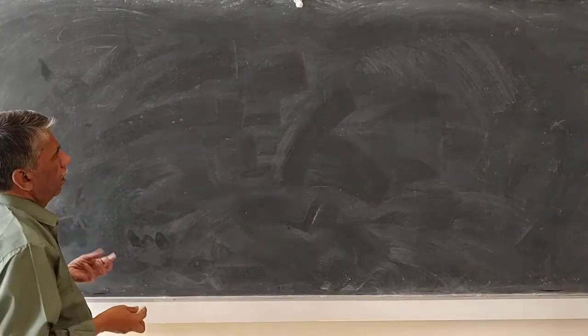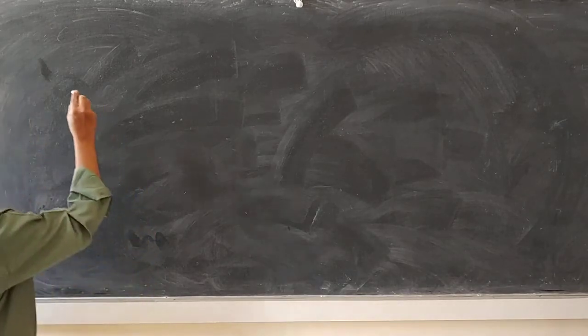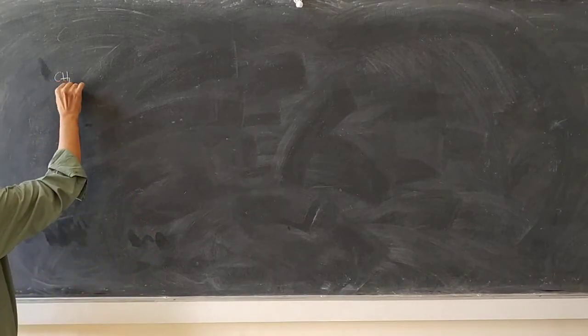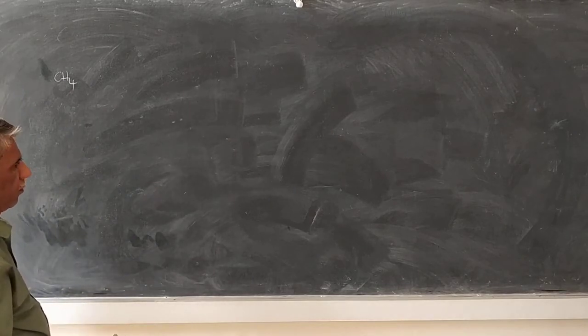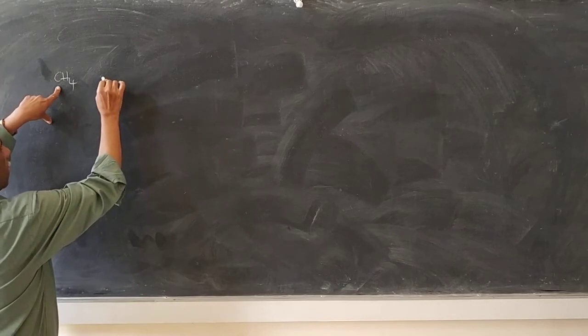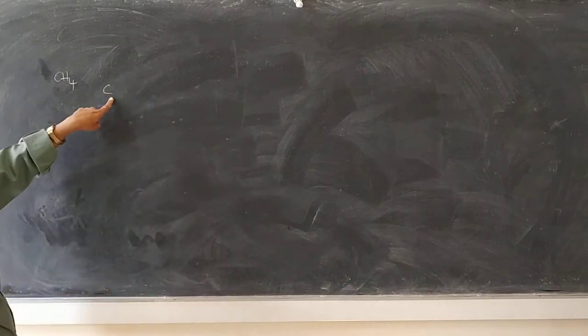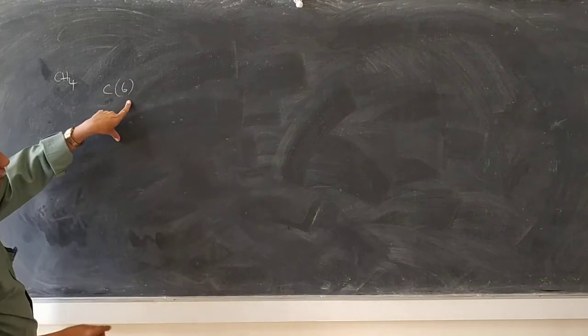Let me take one more example. Let us take methane. Methane example I have taken. Again, you have to follow the same steps. The central atom is carbon here, and its atomic number is 6.